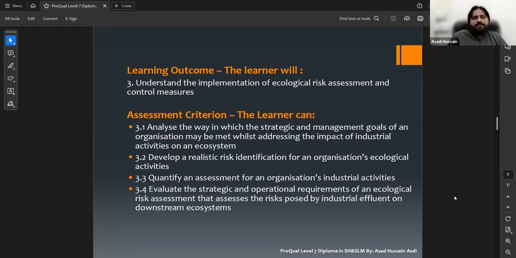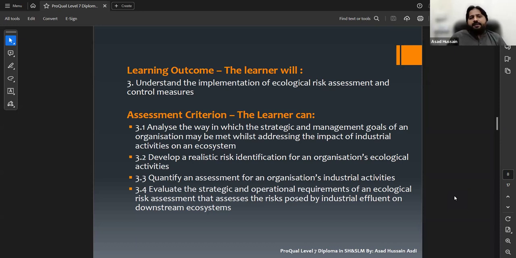In this learning outcome 3, we again have 4 assessment criteria. Assessment criteria 3.1: Analyze the way in which the strategic and management goals of an organization may be met whilst addressing the impact of industrial activities on an ecosystem.